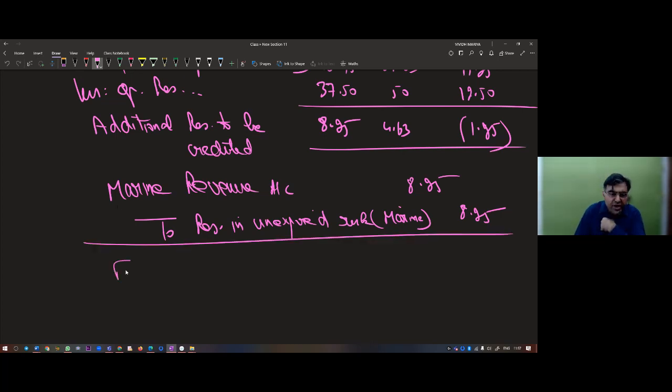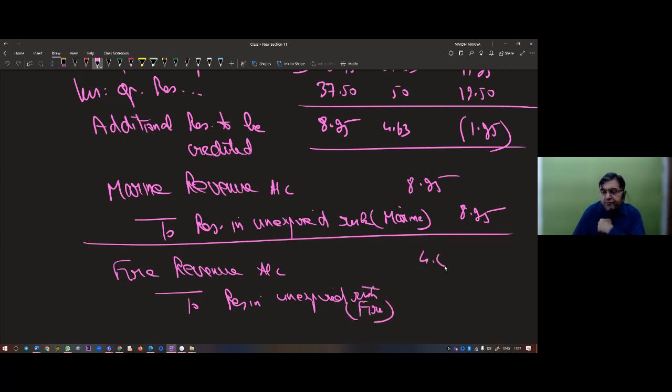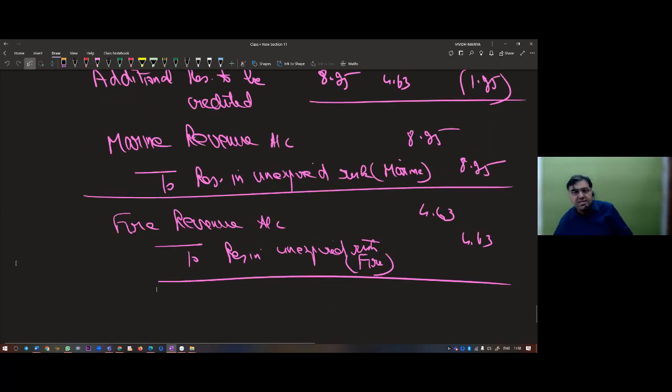Next is fire revenue account debit, reserve for unexpired risk, fire 4.63. Third, the reserve is to be reduced.